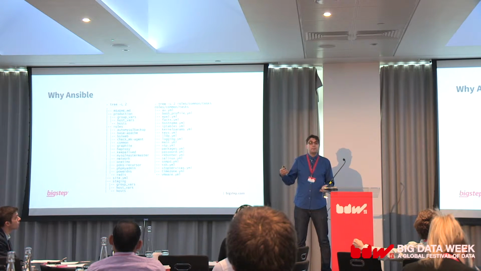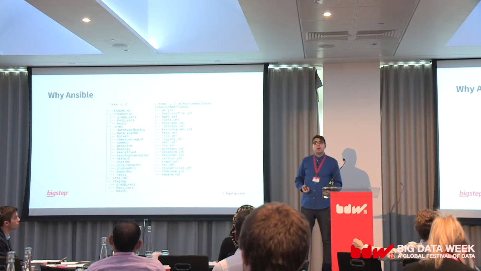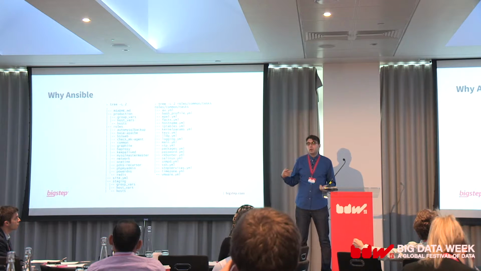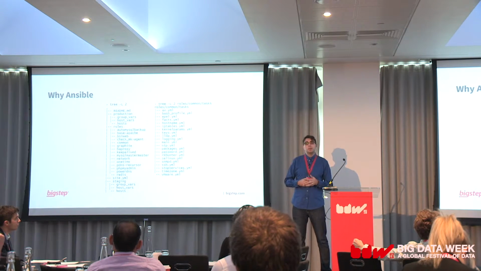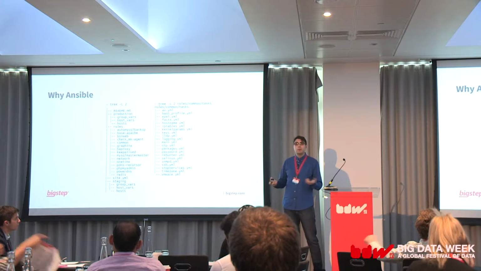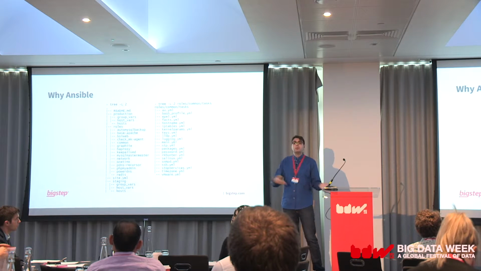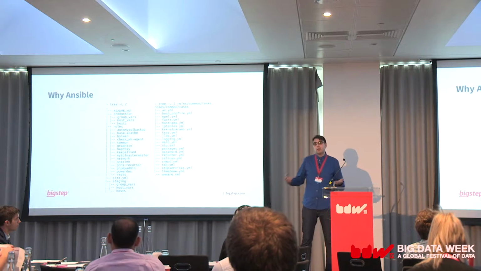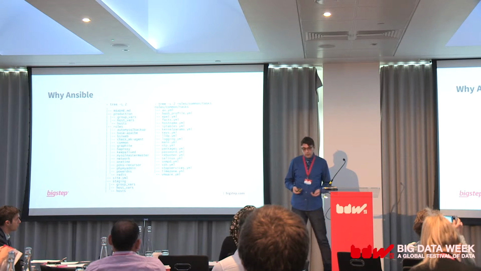We could then have multiple environments. So prior to getting to production, we can have a staging inventory with all the servers and all the specific variables for those servers, and we can easily run the same thing on that environment. This actually helps a lot because you can test prior to getting something into production.